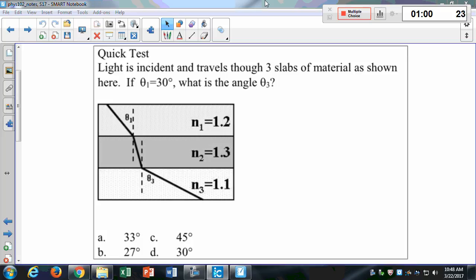If you think you need to go through and calculate what theta 2 is, what this angle is, think back to the previous problem where we were trying to figure out how these two angles were related to one another.